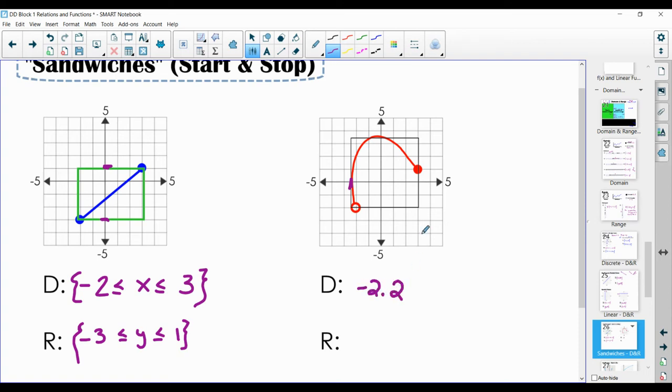In your assignment, all of the values are going to be clear-cut numbers. I'm not expecting you to work with decimals or estimate at this point. Our high point will be 3. And we're talking about domain, so that means we're talking about x's, so x is in between. The -2.2 had an open circle, so that means x is greater than -2.2, and the other one was a closed circle, so less than or equal to 3.